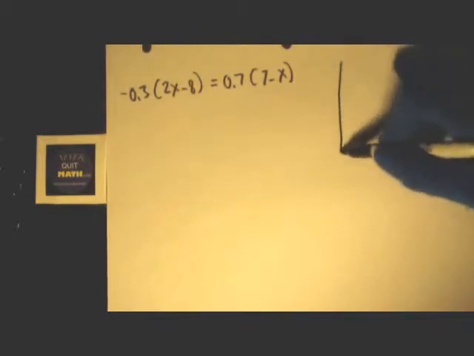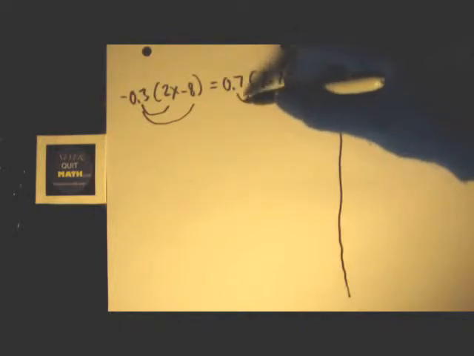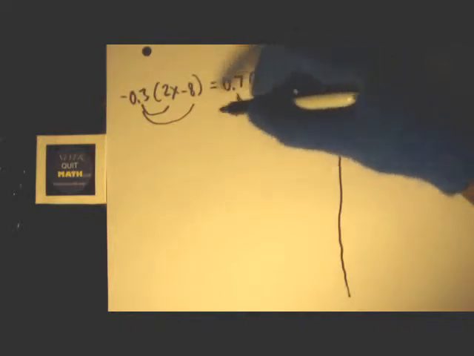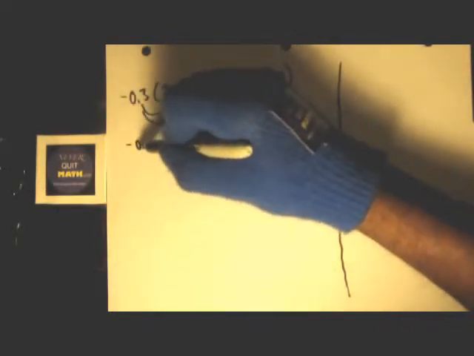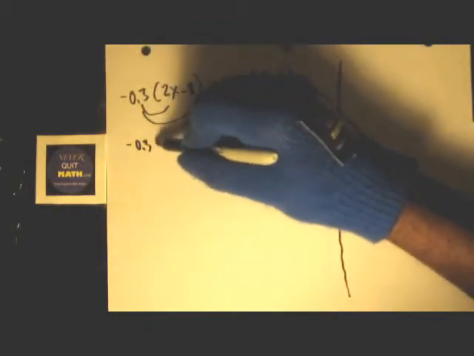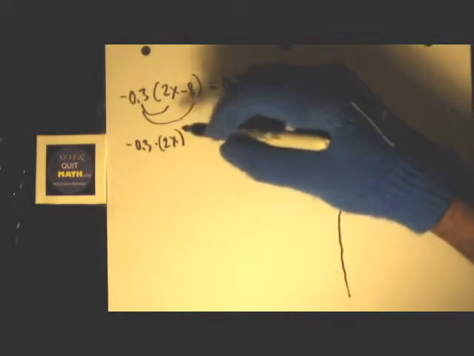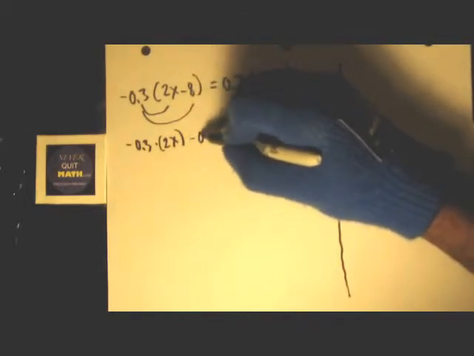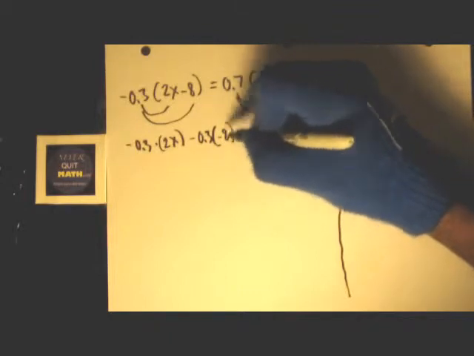So I'm going to keep myself a little scrap paper, so to speak, on this side where I'm going to do a lot of my scrap work. First thing I noticed was we're going to distribute this negative 0.3 inside the parentheses. Same thing with the 0.7. We're going to distribute it inside the parentheses. So I'm going to have negative 0.3 times 2x, and then negative 0.3 times negative 8.